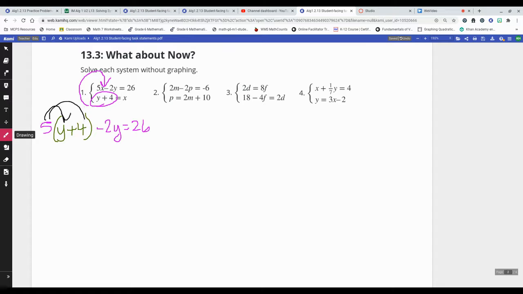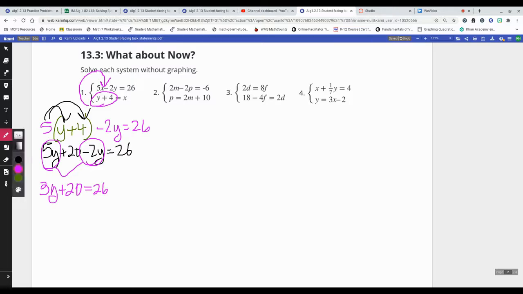All right, so I just replaced x with the value of x, which is whatever y is plus 4. So now we have 5y plus 20 minus 2y equals 26. To solve this equation, you're going to need to combine like terms since they're on the same side. So 5y minus 2y is 3y plus 20 equals 26.